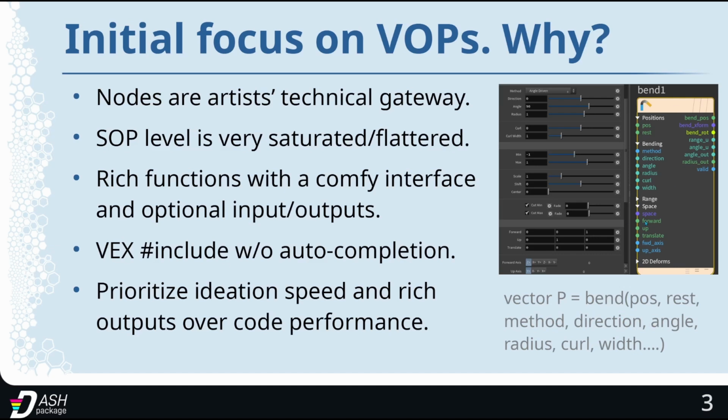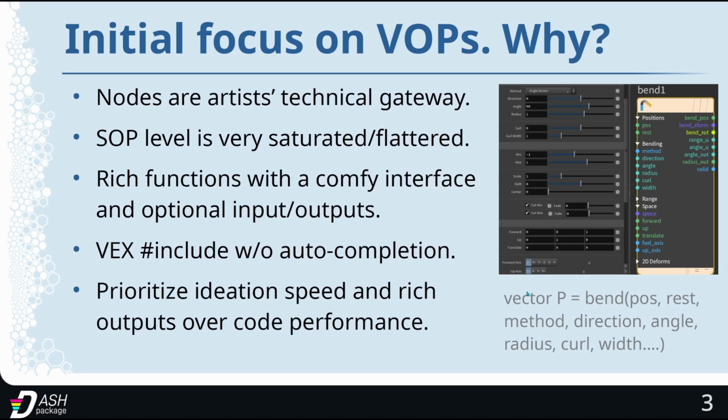Here I just drop the node and immediately have those parameters, and I don't need to define every input and output. If I want to animate the angle, I just connect the time to the angle and that's it, the angle will be animated. Same for the outputs: if I want to use them, I use them, and I don't need to define them.